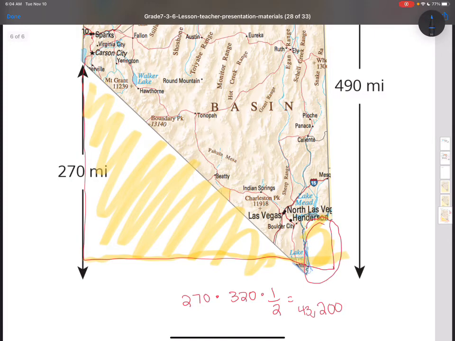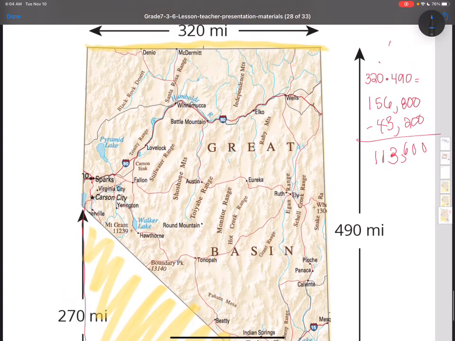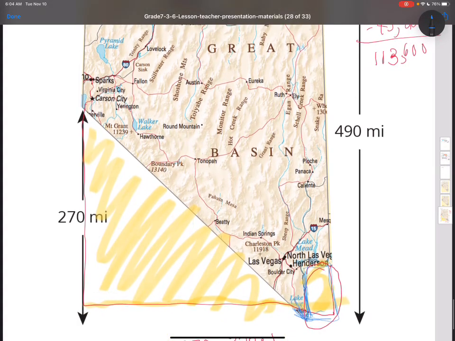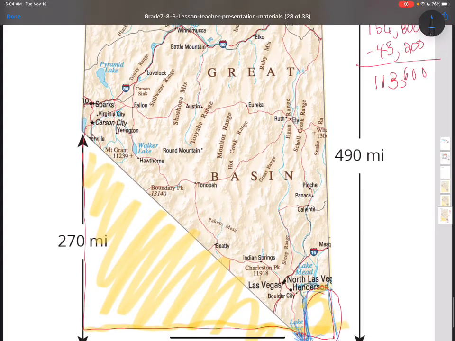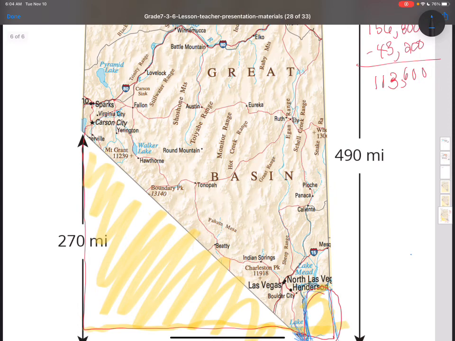Now, since this piece right here is missing, because we're only taking an estimate, we could actually round this number down, because this 320 didn't extend all the way over here. So we want to round this down and just play it safe. We don't want to say about 115,000, but we want to say that the area of Nevada is about, that word about is so special because it's the estimate.